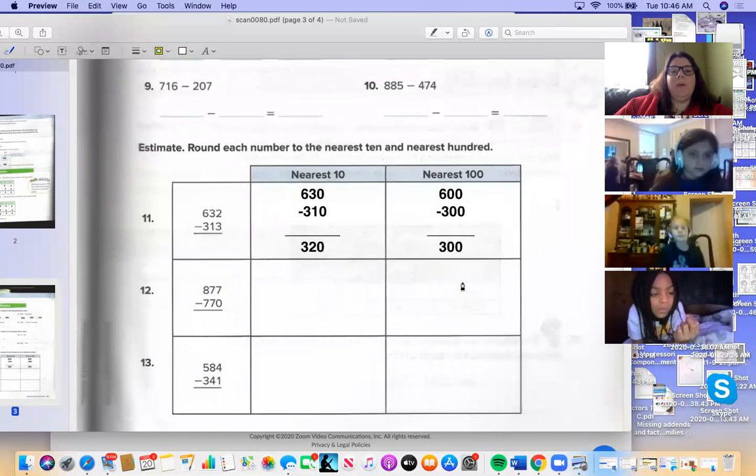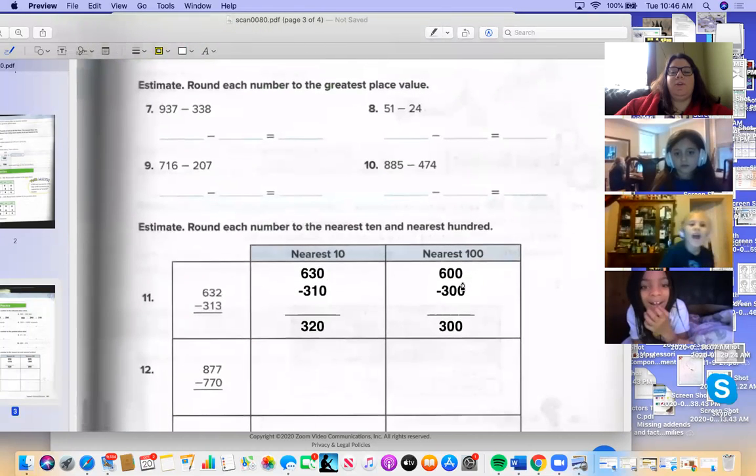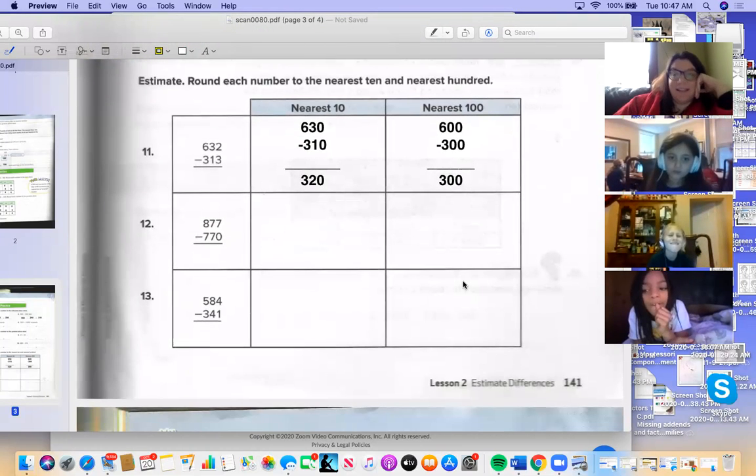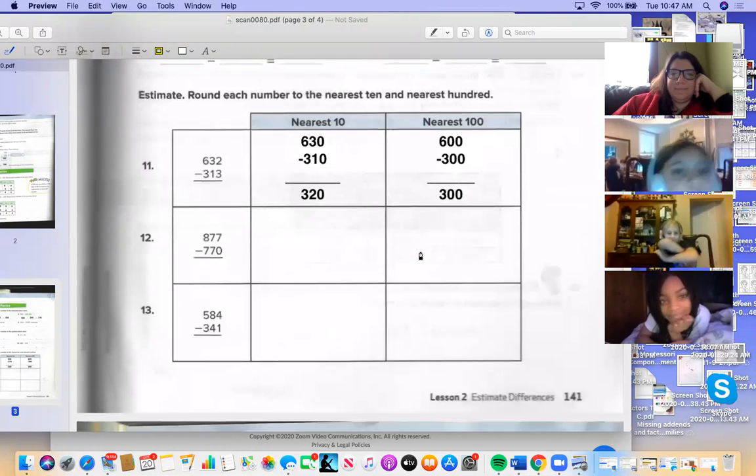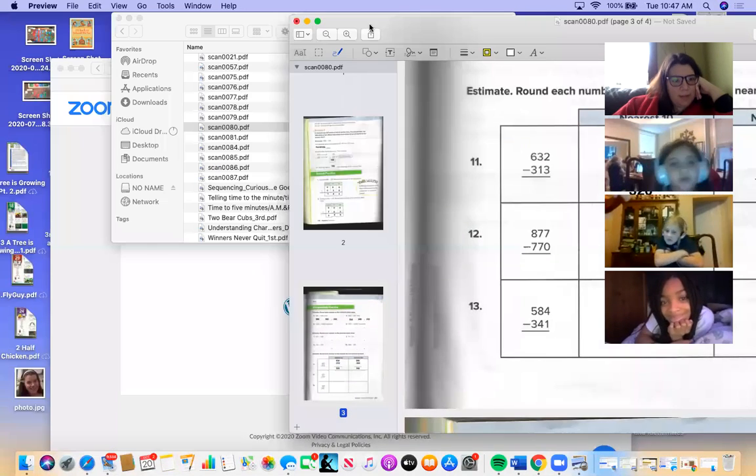All right, so I think I will give you the rest of the sheet along with your 2 other ones. Yes. You can do it. So let me see if I can add that.